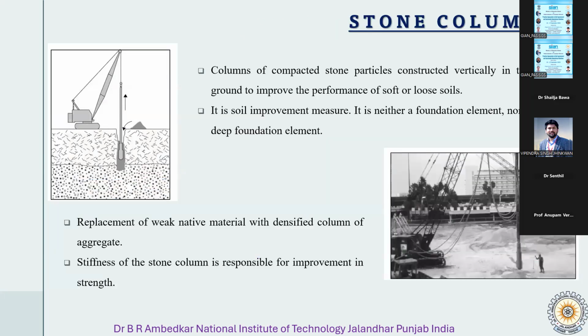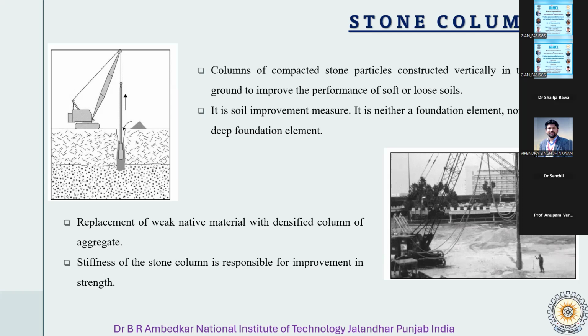What are stone columns? Some brief introduction was given by Professor Cole also in the previous lecture. These are widely used ground improvement techniques. Stone columns are vertical columns made of compacted stone particles installed in weak or loose soil to improve its performance.